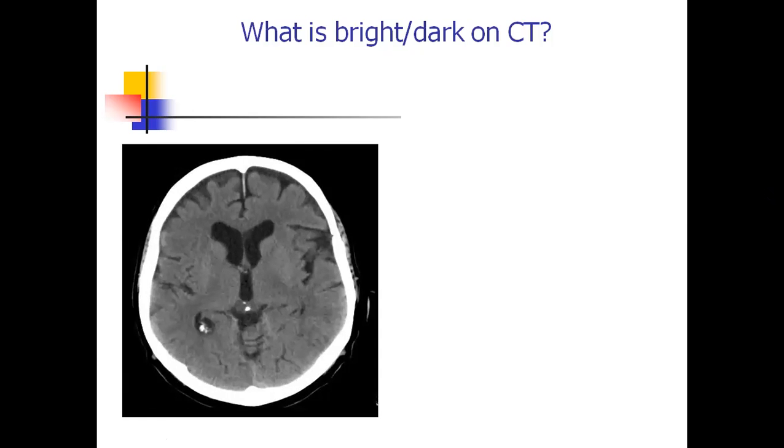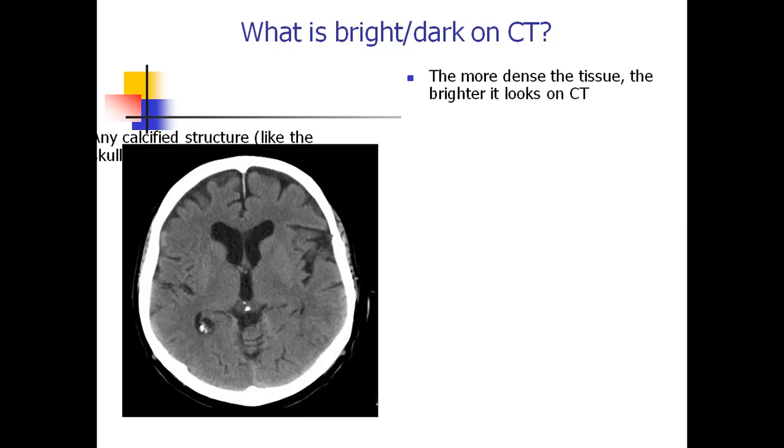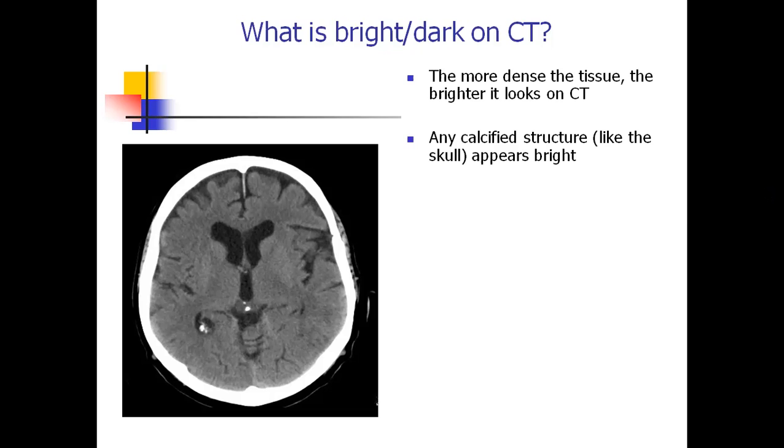And let's now try to answer our question: what is bright and dark on CT? The rule is the following: the more dense the tissue, the brighter it looks on CT. Any calcified structures, like the skull bones, appear bright or white.